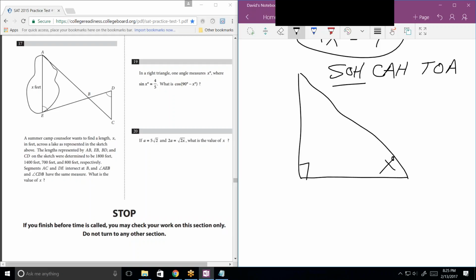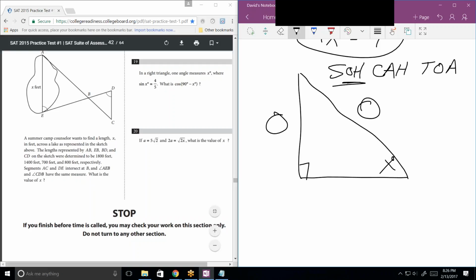Sine means opposite over hypotenuse. This is the opposite, that's the hypotenuse. So the 5 would go to the left, and then the 4 would go the other way. It's right opposite the angle x, 4/5, and that's the hypotenuse.